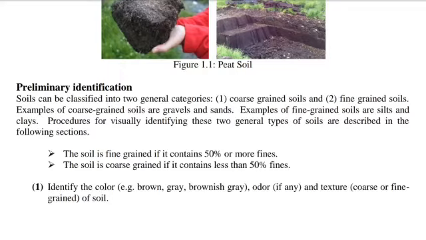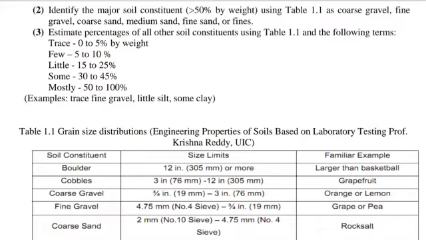1. Identify the color. Example: brown, gray, brownish gray. Odor, if any, and texture, coarse or fine-grained, of soil. 2. Identify the major soil constituent greater than 50% by weight using Table 1.1 as coarse gravel, fine gravel, coarse sand, medium sand, fine sand or fines. 3.